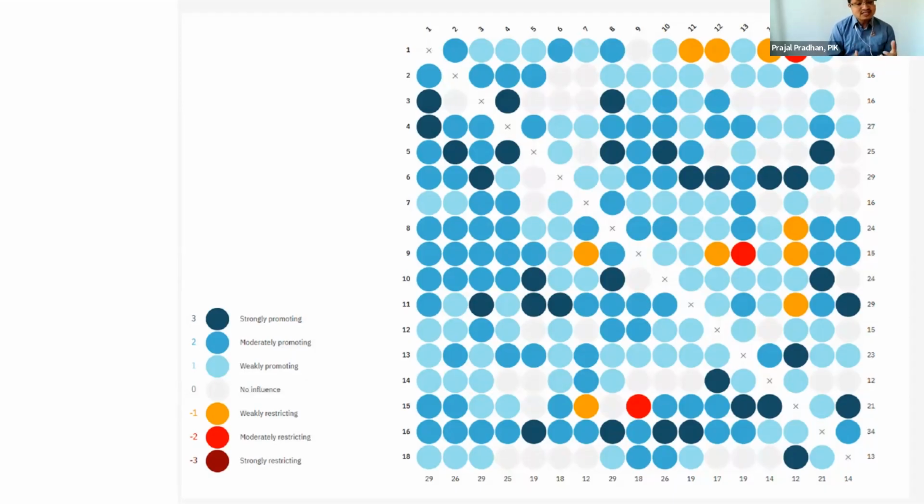One can use this tool for those processes. So if you are interested in doing a study like that, you can look at this matrix and the SDG Synergies tool and apply that for your study.